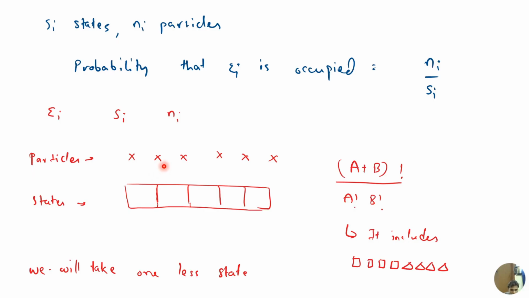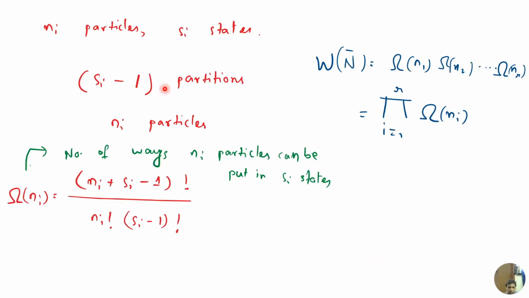So the way that can be done is, if you have Ni particles and Si states, then you need to have Si minus 1 partitions and Ni particles. And the number of ways in which Ni particles can be put in Si states is omega Ni, which is given by (Ni plus Si minus 1) factorial divided by Ni factorial into (Si minus 1) factorial.